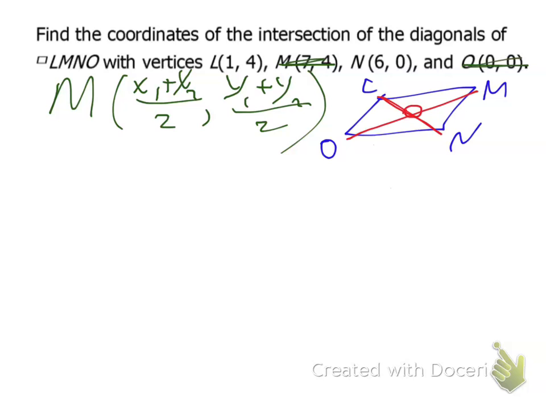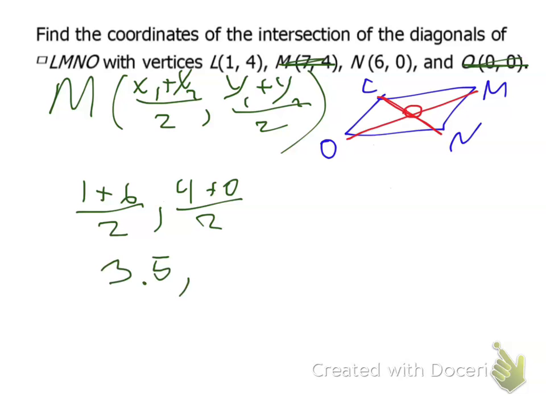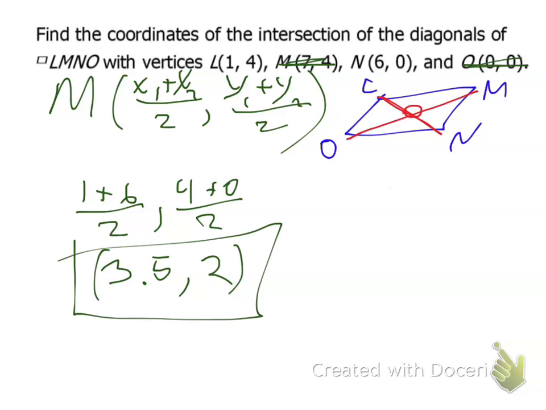So for L and N, we have 1 plus 6 over 2, and then for the y, we have 4 plus 0 over 2. Well, 1 plus 6 is 7, and 7 divided by 2 is 3.5. 4 plus 0 is 4, divided by 2 is 2. And so my midpoint, the intersection of my diagonals, is at 3.5, 2.